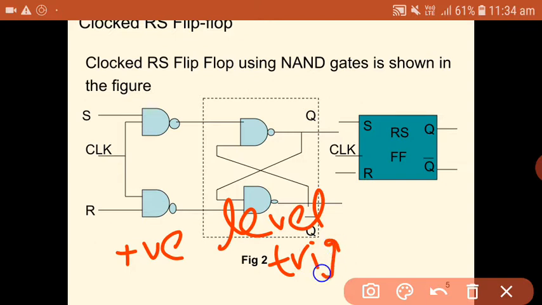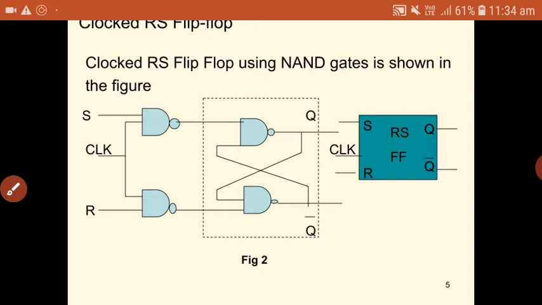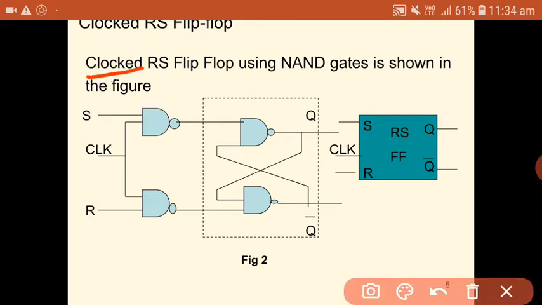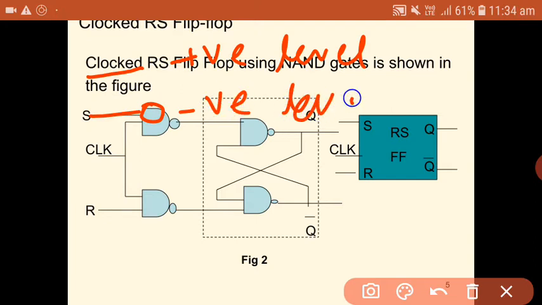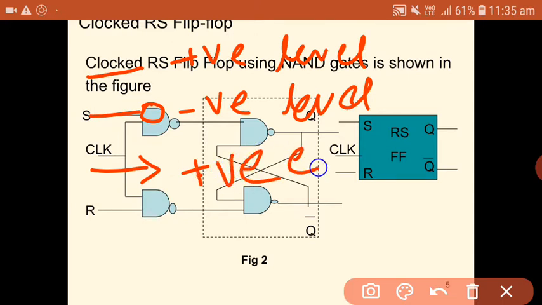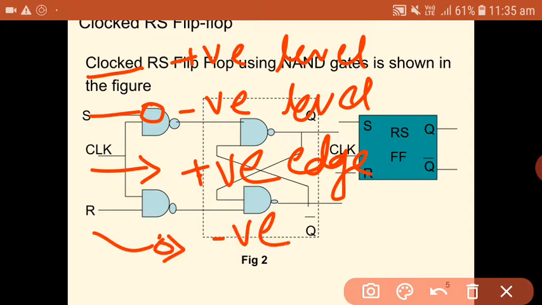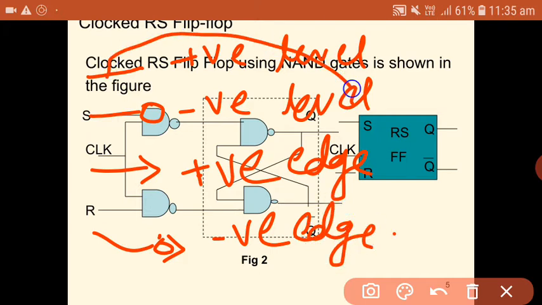In the previous lecture we have seen this stands for positive level, this stands for negative level, this stands for positive edge, and this stands for negative edge.